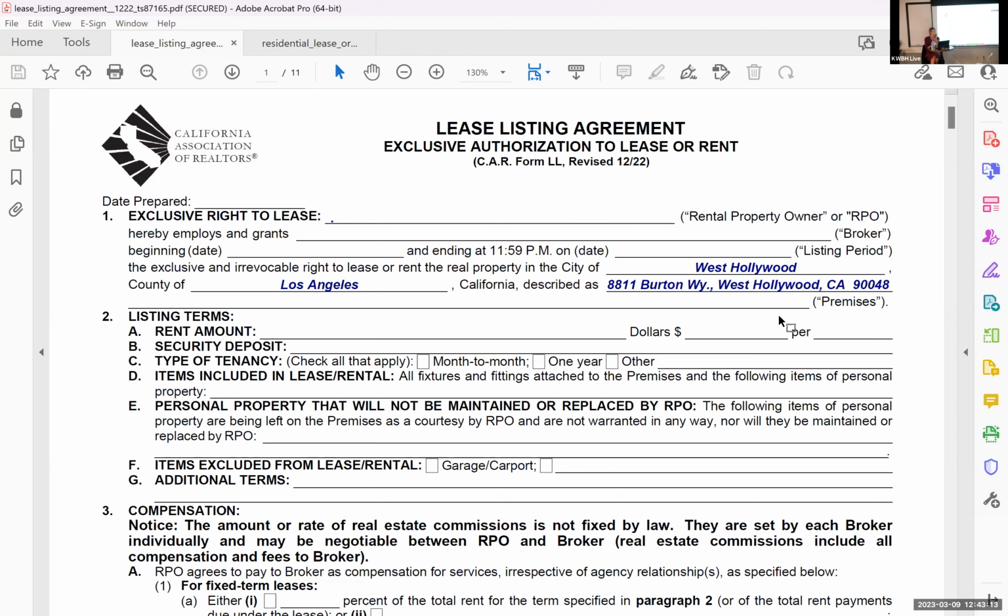But I will also tell them we can leave it as negotiable. We can say it's DOC, which is depending on credit, right? Because someone like me, you might not have an issue renting to. They're probably going to have amazing credit, so we're going to see that indicator there. So we can do it depending on credit.